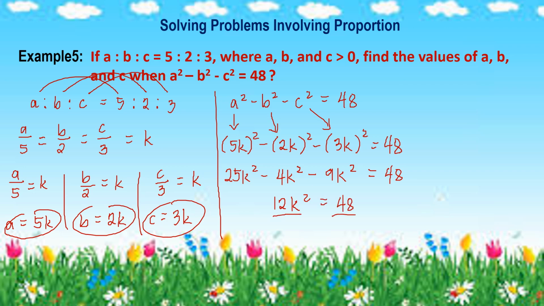Now divide both sides by 12. Therefore, k squared is equal to 48 divided by 12 is 4. Extract the square root. K is equal to positive 2 and negative 2. But we will disregard negative 2 since it is given in the problem that a, b, and c are greater than 0.